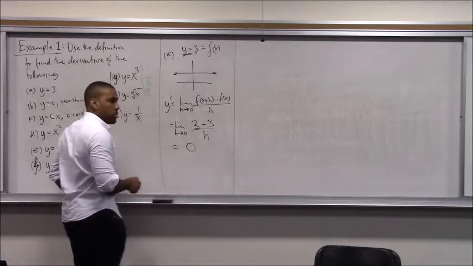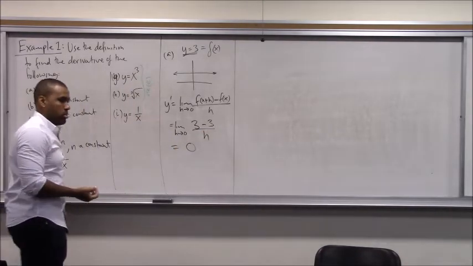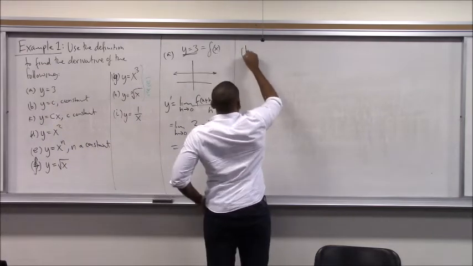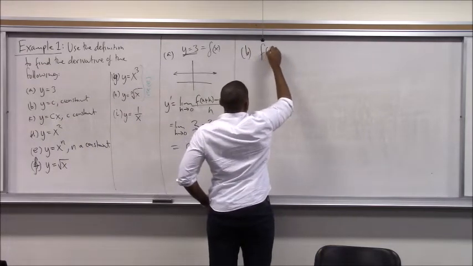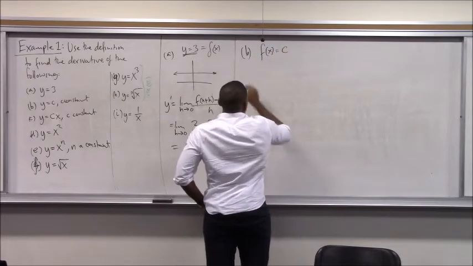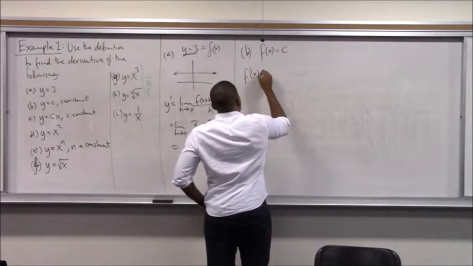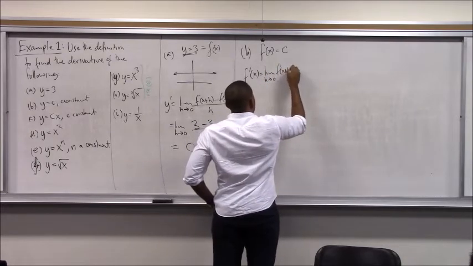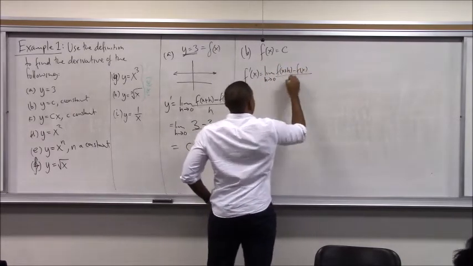That's 0. Right? You get 3 minus 3, which is expected. In fact, if your f of x is a constant, any constant, your f prime is going to be the limit as h approaches 0 of f of x plus h minus f of x all over h.